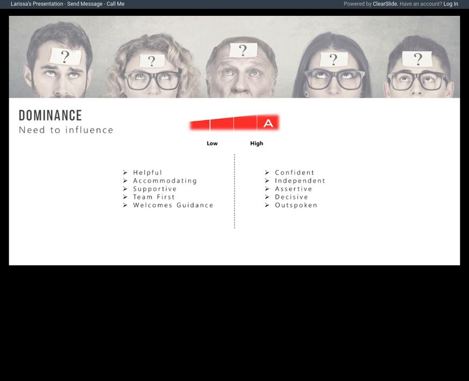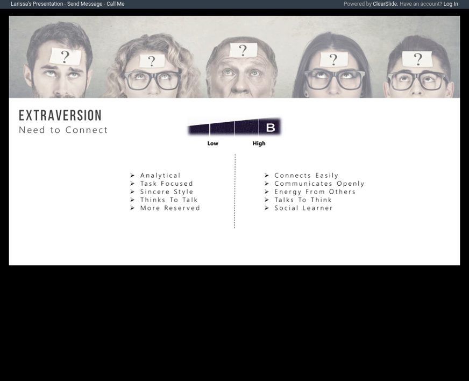I'm approachable. I like to make sure that everyone's happy and harmonious. If I go all the way to the left, I might be so nice that I'm just very, very, very accommodating. All right, so that's the dominance there.